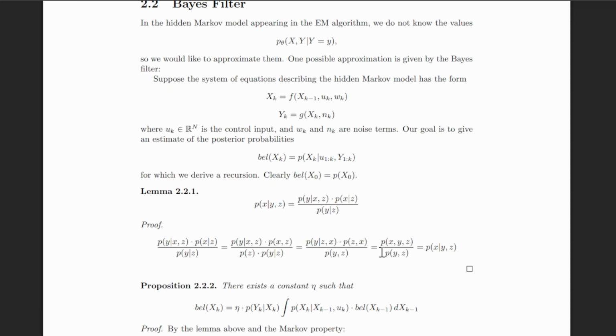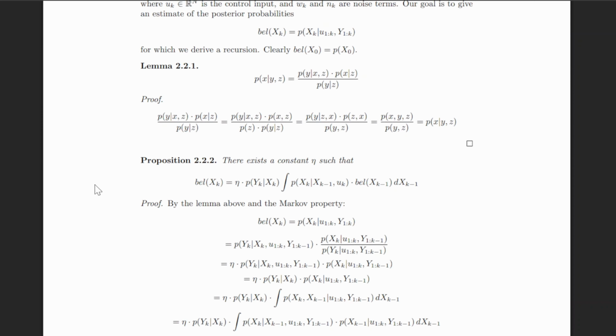The left-hand side trivially equals this fraction, and the right-hand side equals this fraction, because if we use the definition of the conditional probability three times in a row, then we get this expression. First we use the definition here, then here, then here.